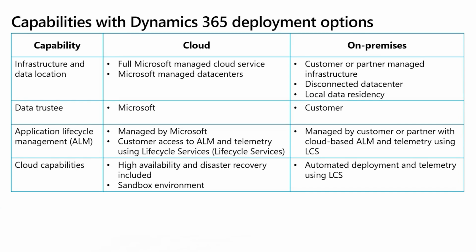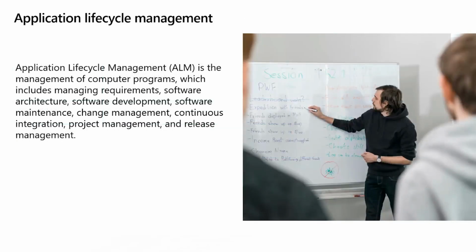Cloud allows for higher availability, disaster recovery options are also available, and it also provides you with a sandbox environment. On premises, automated deployment and telemetry happens using LCS. There are other differences as well based on whether you choose to deploy on cloud or on premises, but these are a few key capabilities of these different kinds of deployments.